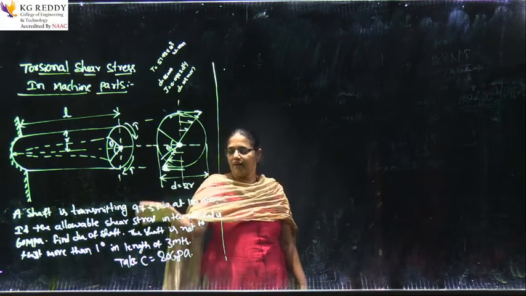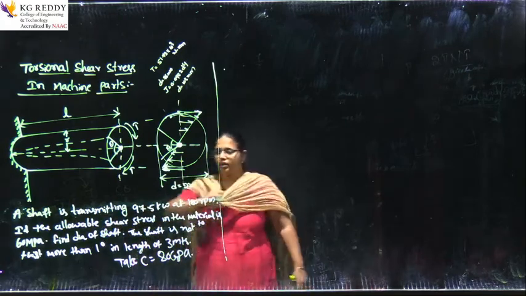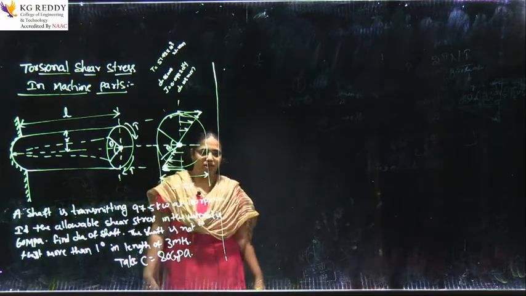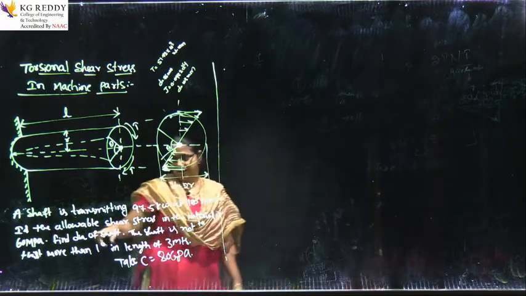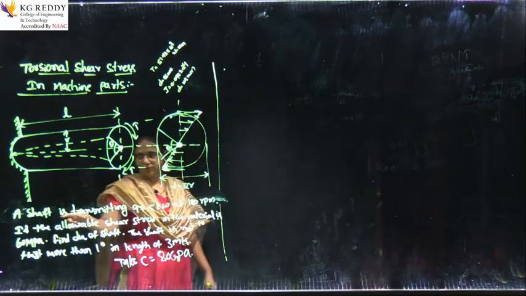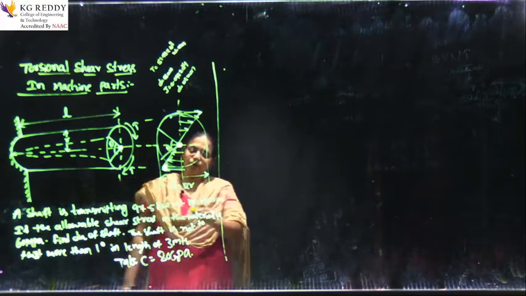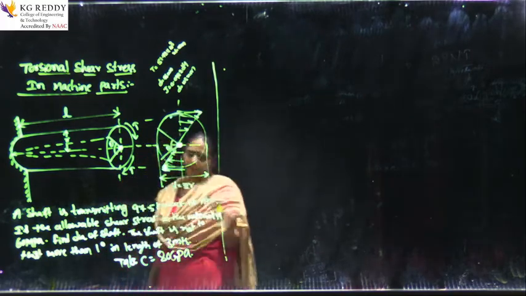Now, today I have taken one unsolved problem based upon the torsional shear stress equation. This is my problem statement: a shaft is transmitting 97.5 kilowatts at 180 rpm.